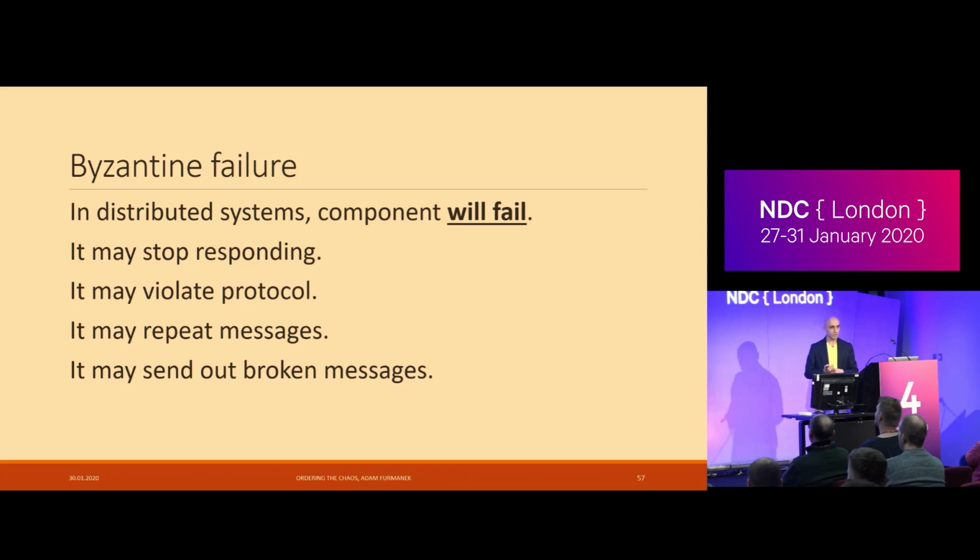Okay? So once we get to this situation, when we cannot trust any of our components, how do we actually figure out the order of things in our distributed system? And this is not a question of if something goes wrong. This is a question of when, because in distributed systems, everything is going to fail sooner or later.